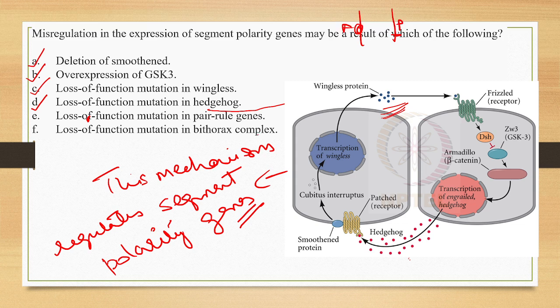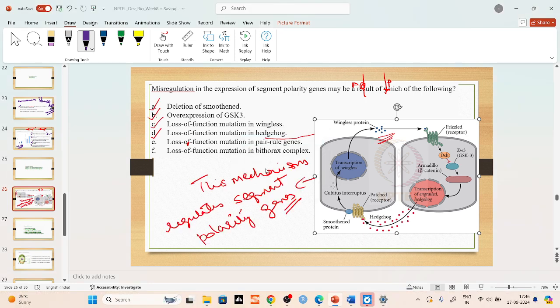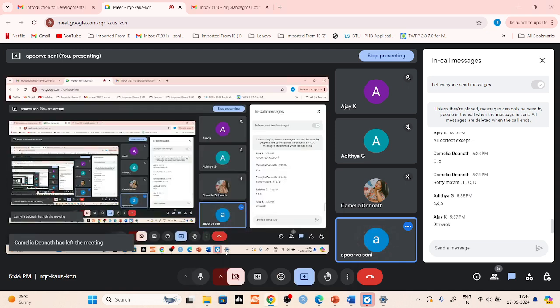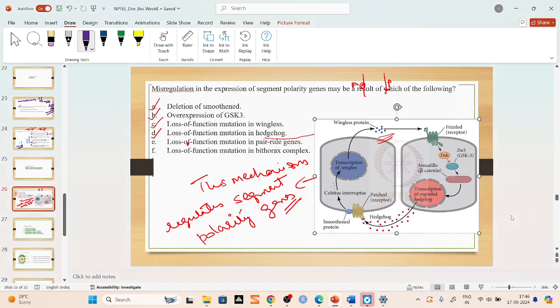Now, can anybody explain why loss of function mutation in pair rule genes can lead to the misregulation of segment polarity gene expression? Because many students have answered E. I want to listen to it from you. Why do you think a loss of function mutation in the pair rule gene can misregulate the expression of segment polarity genes? Anybody? What do you think? What will happen? We are talking about segment polarity genes, no?